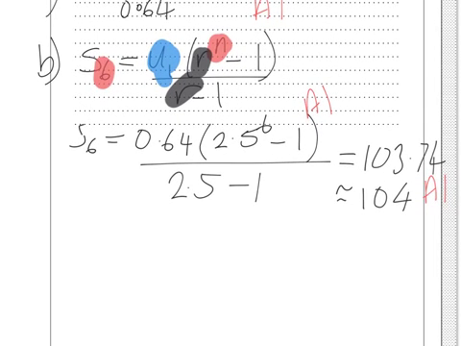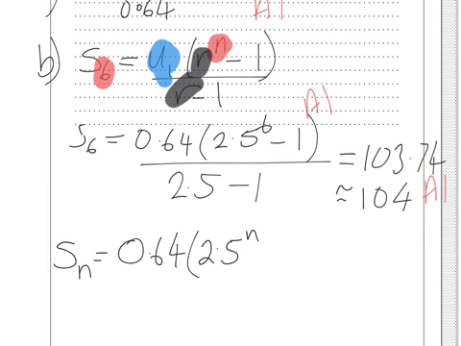So, we're supposed to be considering Sn. And we know the formula for Sn is u1, 0.64, times r, 2.5, to the n minus 1, all over, and I'm going to evaluate it, all over 1.5 in this case.